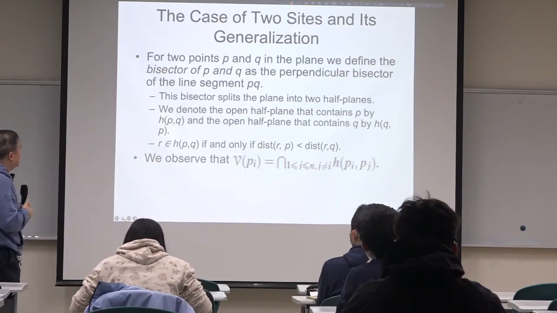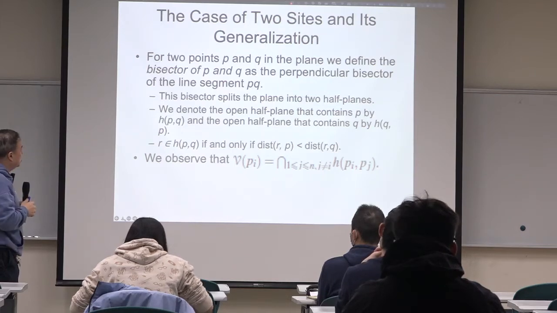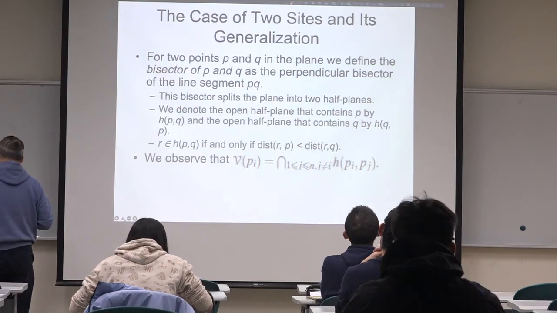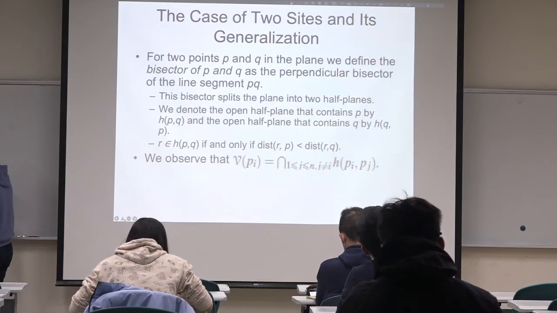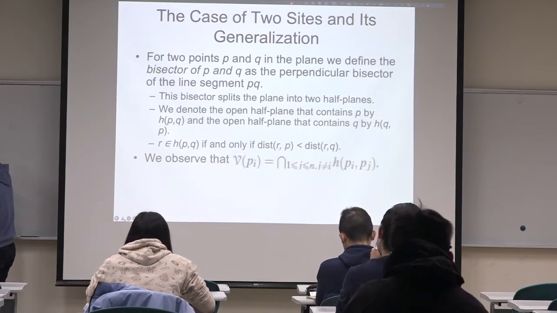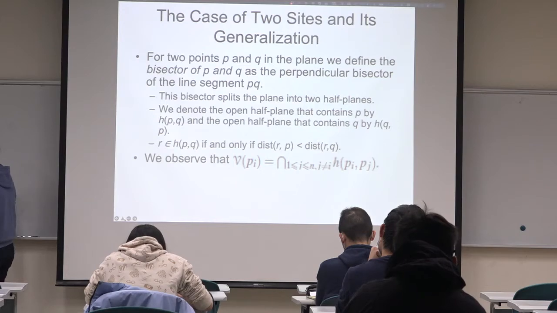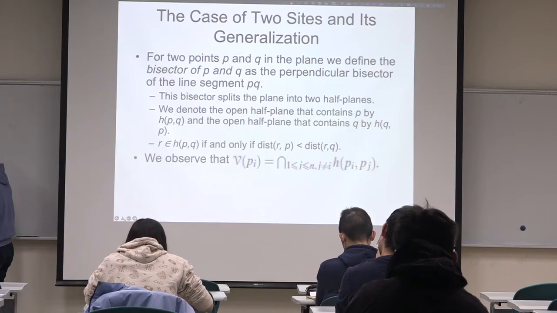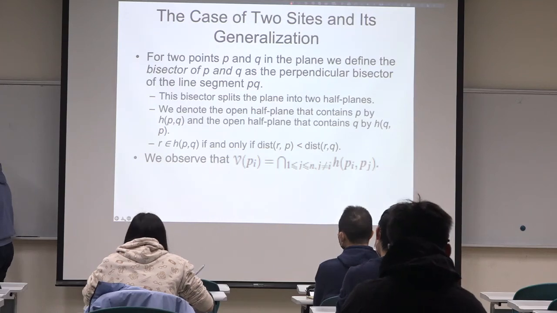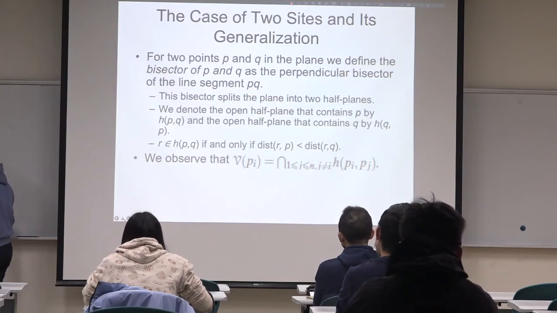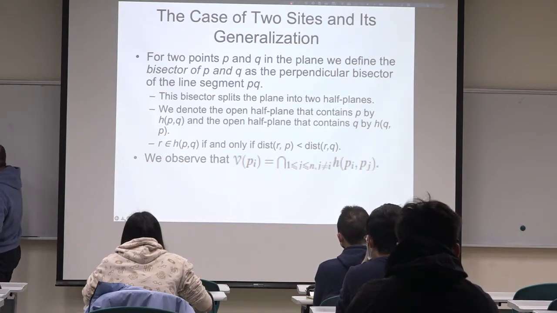Okay, and let's denote the half plane formed by the bisector of P1, P2 as H(P1, P2), and H(P2, P1).